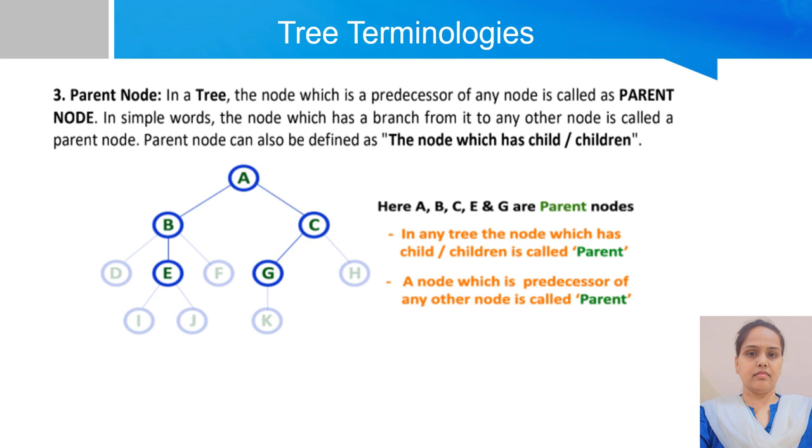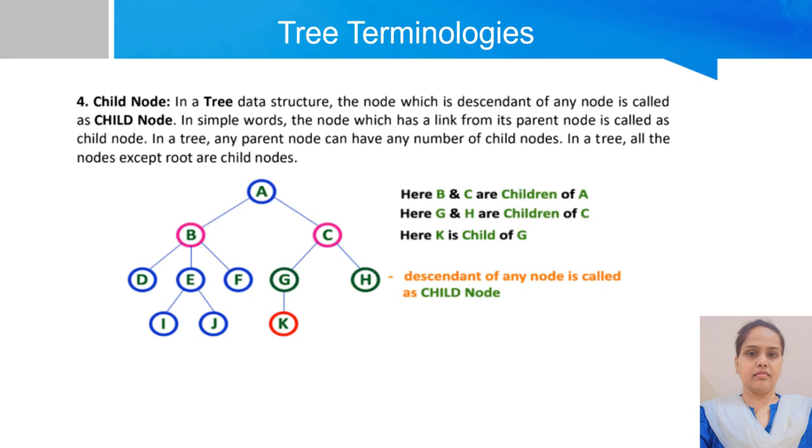Parent node. In a tree, the node which is a predecessor of any node is called a parent node. In simple words, the node which has branched from it to other nodes is called a parent node. Here, A, B, C, E, G are the parent nodes. Child node.